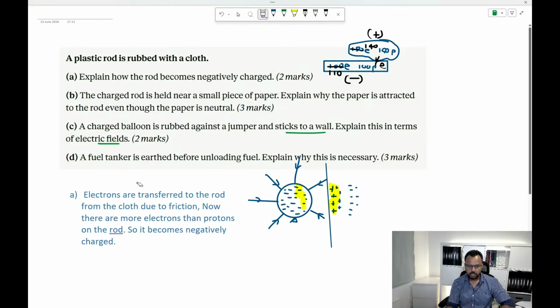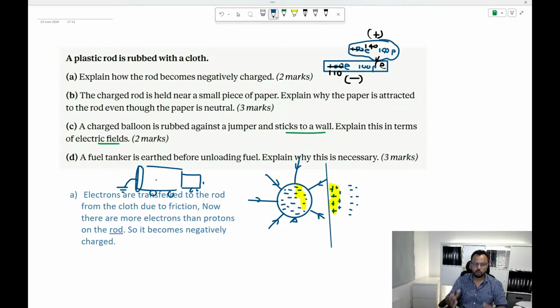And the last part, guys, a fuel tanker is earthed before unloading fuel. Explain why. Now, here's the thing. If you think about those trucks with a lot of fuel, you need to connect this to Earth because any charge that it has built up while it's moving needs to be neutralized.